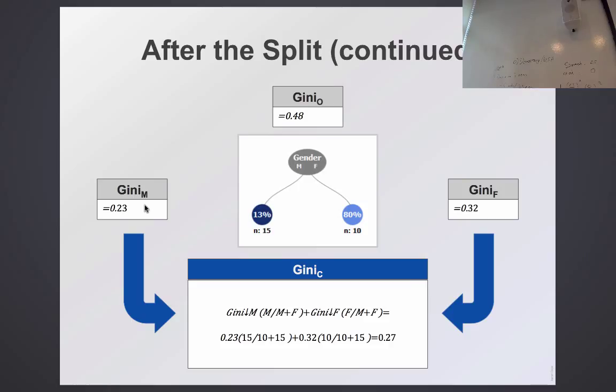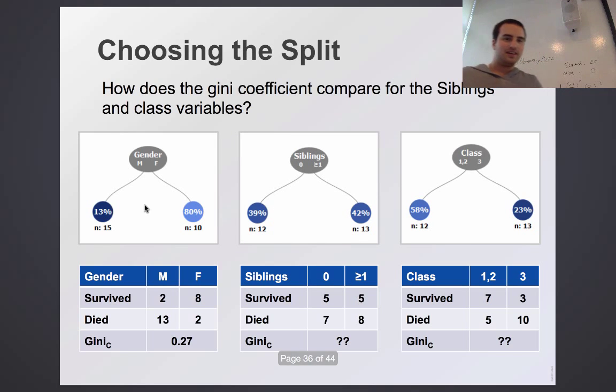Okay, cool, math. What's the point? Now, I just walked you through an example of, if you split by male or female, you will get 0.27 Gini coefficient. So you would say the coefficient of splitting of man and female is 0.27.